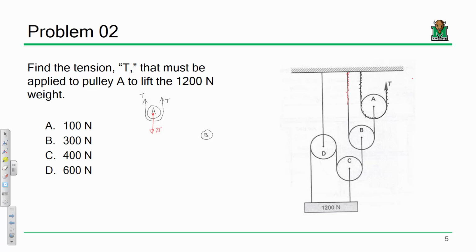This is maybe the red rope. This one, so now let's do the blue rope. The blue rope goes like that, all the way down here, right? Is that a fair statement?